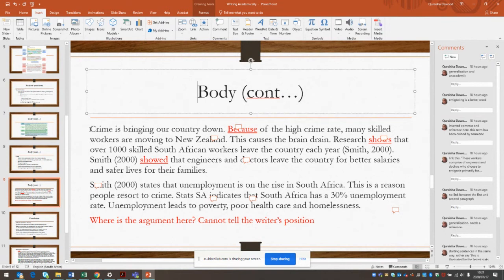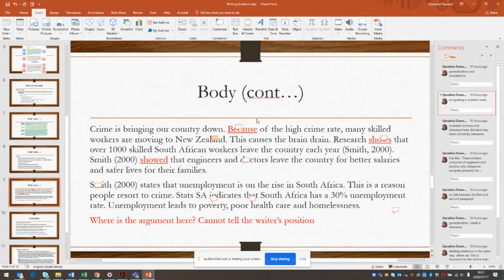Perhaps you would say "crime is having a negative impact on the South African economy." It tells me that it's a negative stance, and which country? It's South Africa. Next: "because of the high crime rate, many skilled workers are moving to New Zealand." Never start with "because."